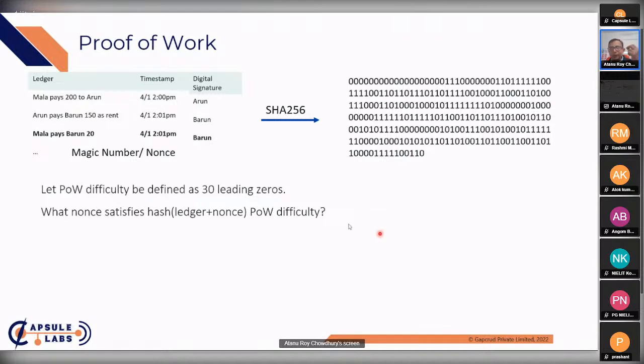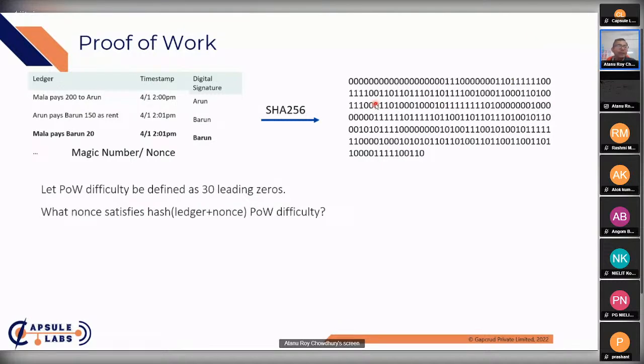There are several strategies that can be adopted. I could just brute force, start with 0, 1, 2, 3, 4, and keep on calculating these hashes until I find a number which produces this pattern, right? That's what mining rigs do.